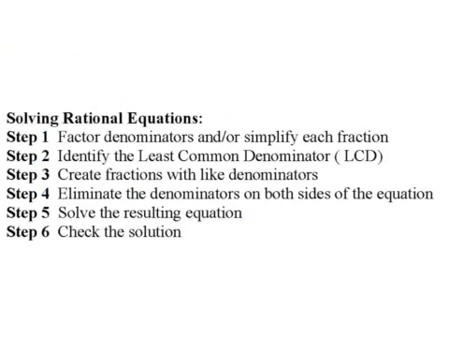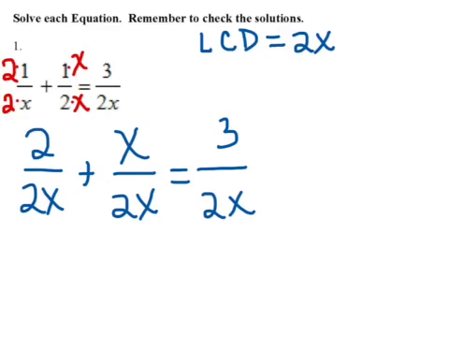Step 4 states that we can eliminate the denominators on both sides of the equation. This is made possible because we've created fractions with like denominators. So by using the multiplication property of equality, we'll multiply each term on both sides of the equation by a 2x.